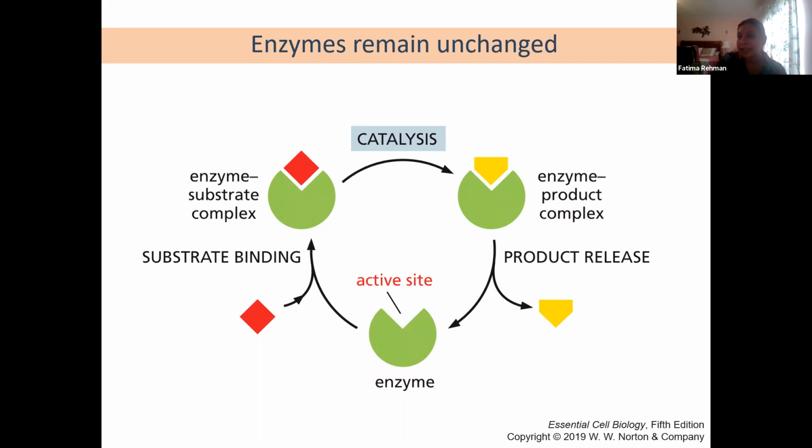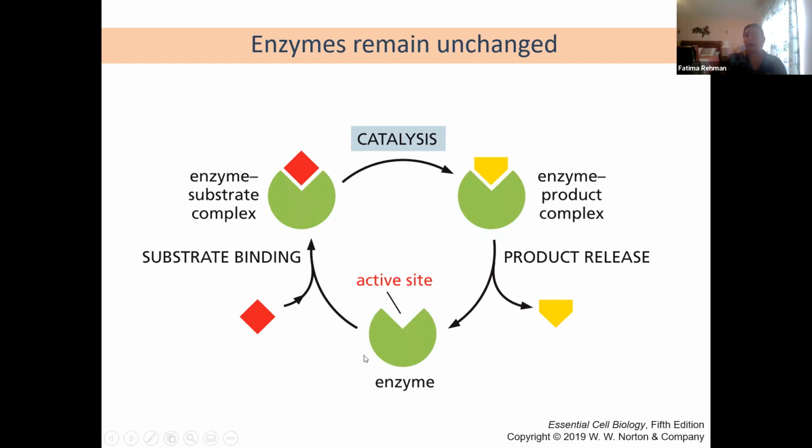So it's not like ATP, which will give off that phosphate and then be converted to ADP. Instead, the enzyme remains completely unchanged. It's only providing that little room for the reactant to bind, convert into product, and then be released.